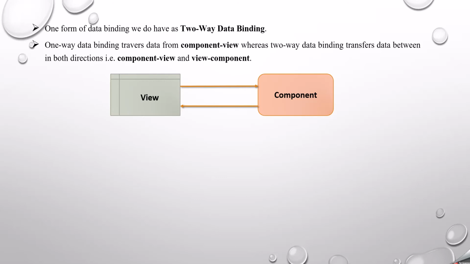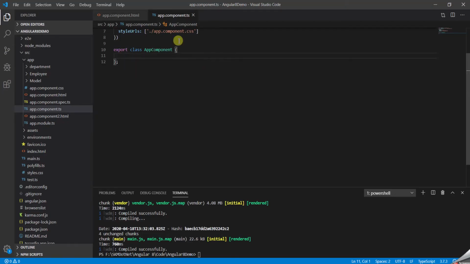Before moving into this, I just want to show you what is $event and why it is required. But let's first understand what is single binding, then two-way data binding. We have already discussed it, but let's begin with single binding in a very minimal description, with this simple example.